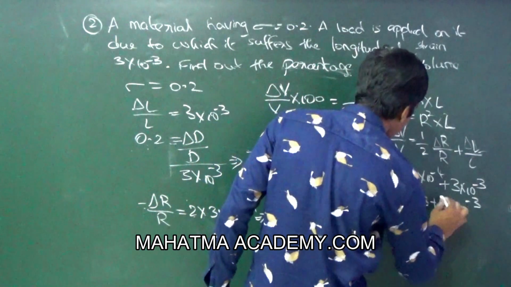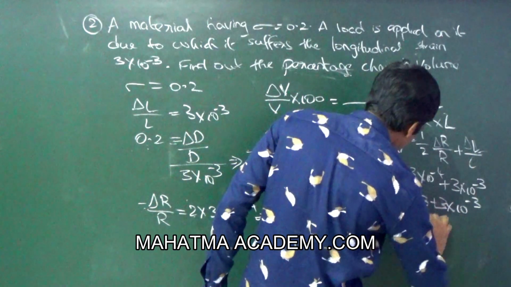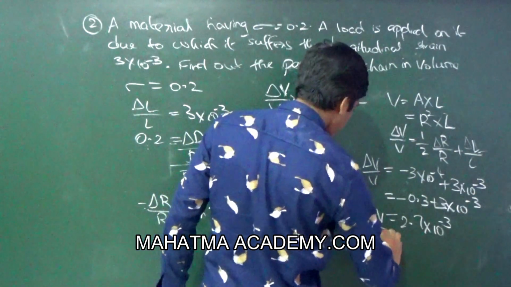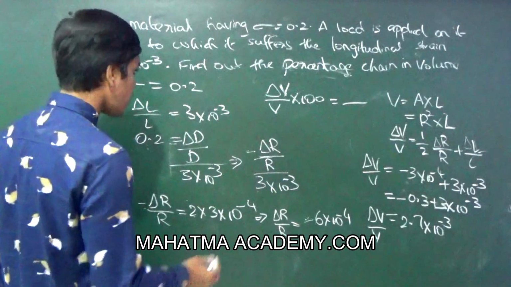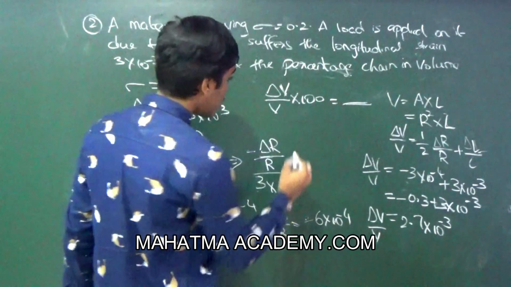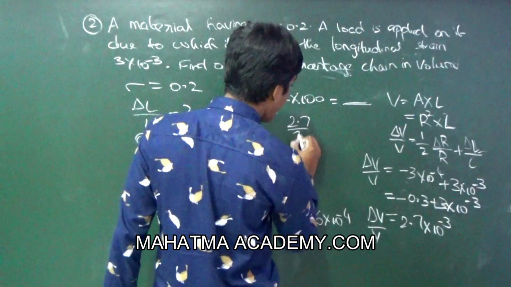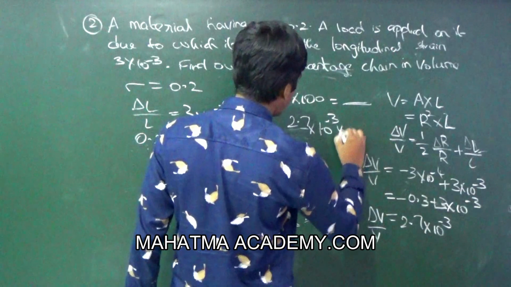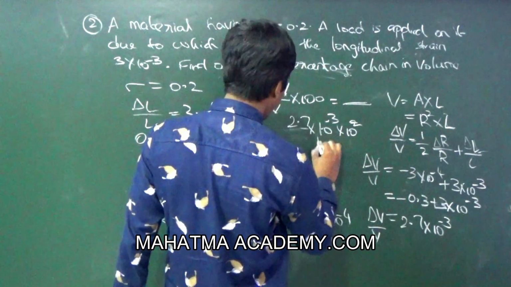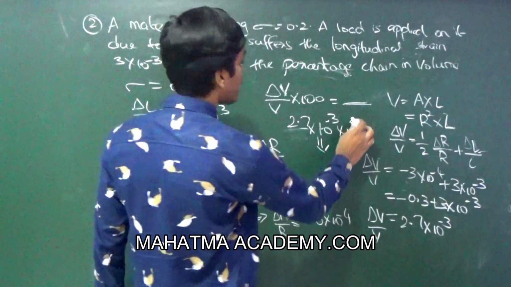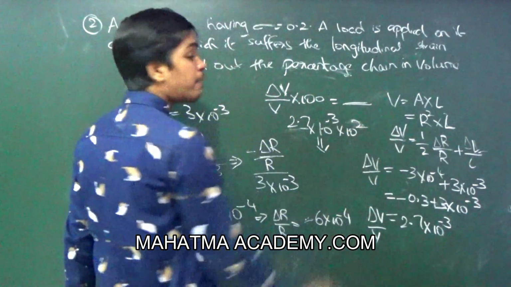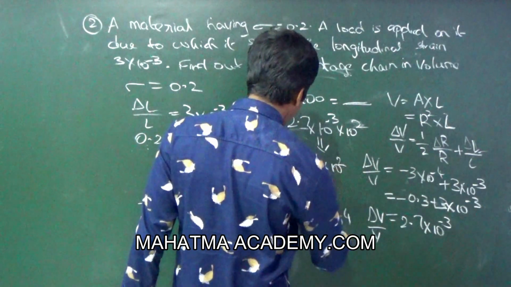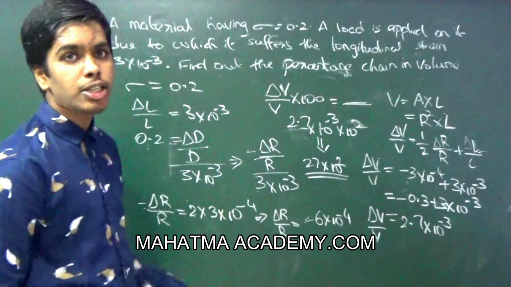It will become 2.7 into 10 to the power of minus 3. Here they have given delta V by V. Now we want to find delta V by V into 100, so 2.7 into 10 to the power of minus 3 into 10 square. So we have completed the Poisson ratio second problem.